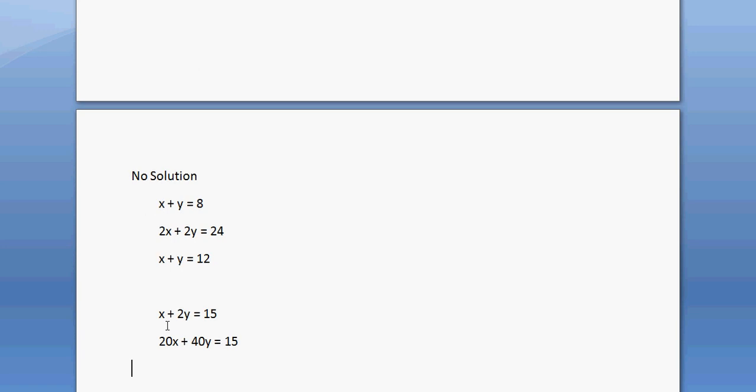So when we see this, can we simplify this further? Yes, we definitely can. We can take 20 common and we would get x plus 2y is equal to 15 by 20, right, which is equal to 3 by 4. So these two equations have a similar variable part, but the constant part is different, hence they would have no solution.